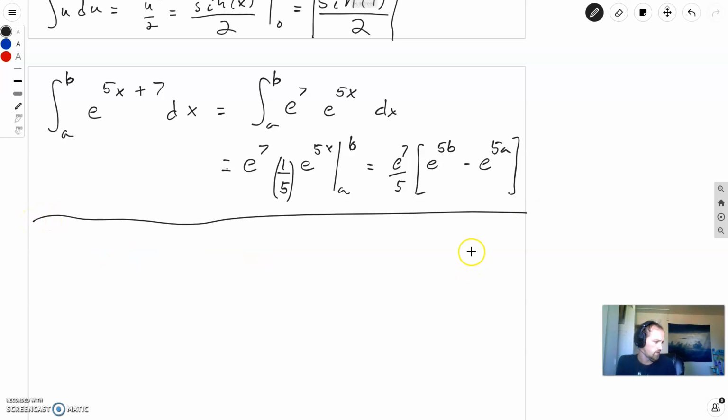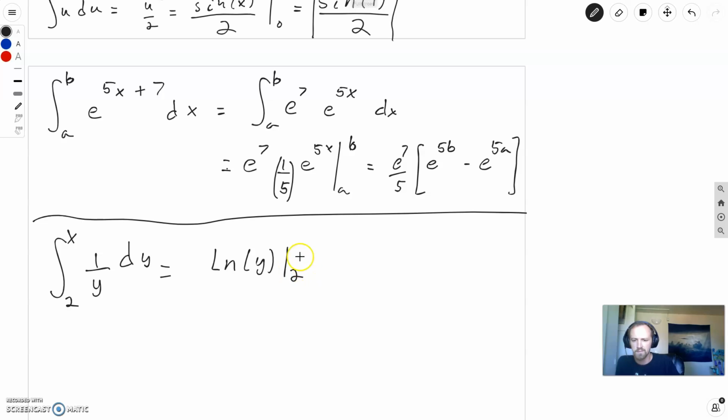Then the last one, we are integrating 1 over y dy from 2 to x. Integral of 1 over something is the natural log of that something. So I'll get the natural log of y evaluated from 2 to x. This equals the natural log of x minus the natural log of 2.